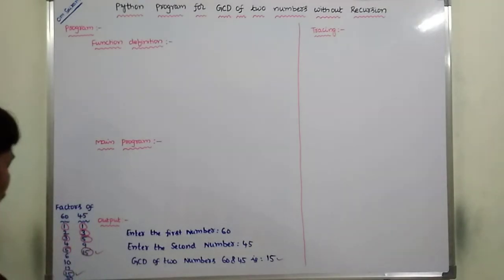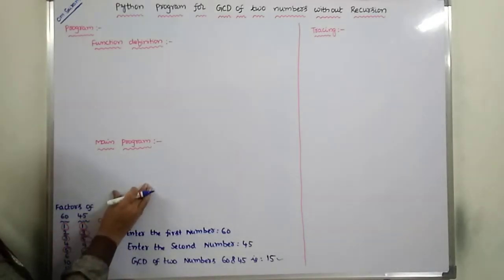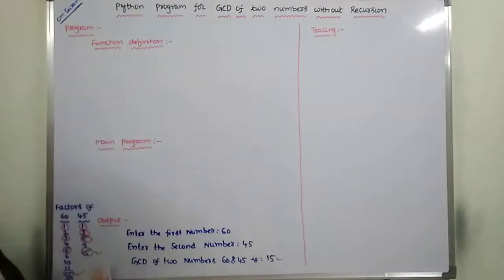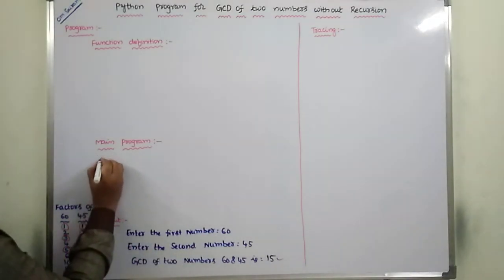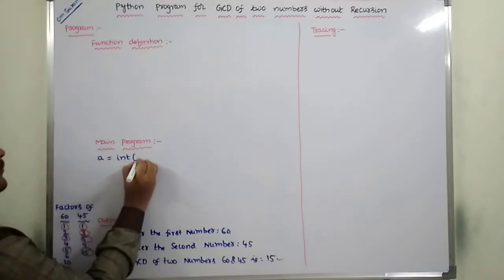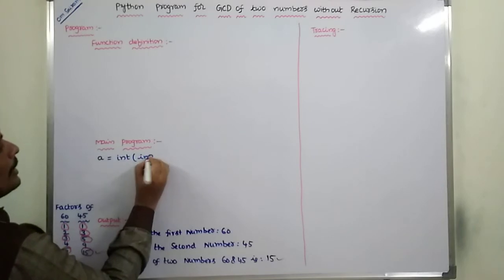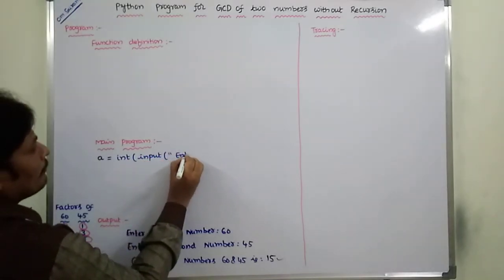Okay, now we go for the program. In the program, first we have to write the main program. After that we go to the function definition. So first, enter the first number. The first number can be treated as a. a is equal to int of input of "Enter the first number".